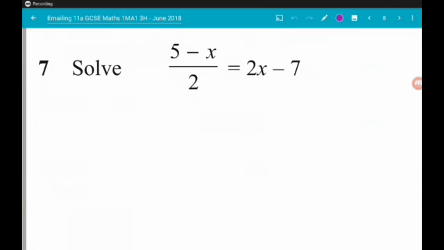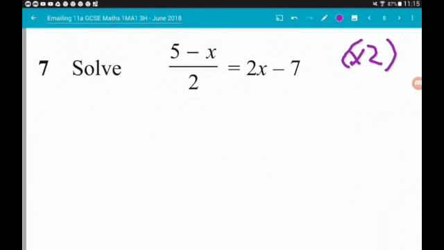Question 7 wants us to solve (5 minus x) over 2 is equal to 2x minus 7. So the very first thing we should do here is get rid of this fraction. On the left, we got 5 minus x divided by 2, so we're going to multiply both sides by 2. That doesn't affect the top of the fraction.